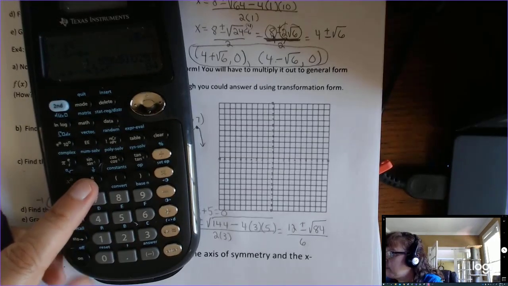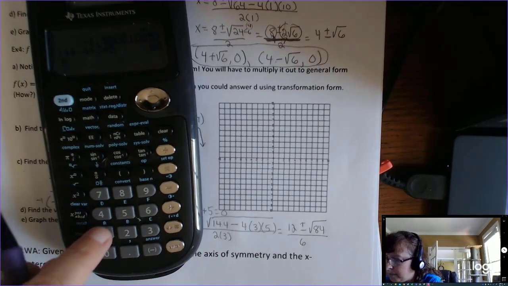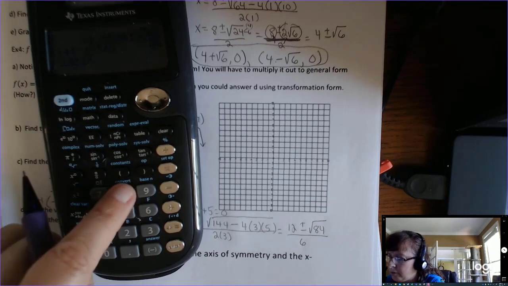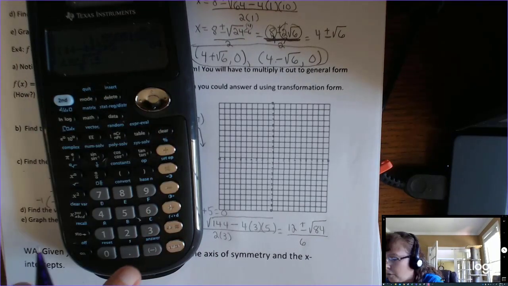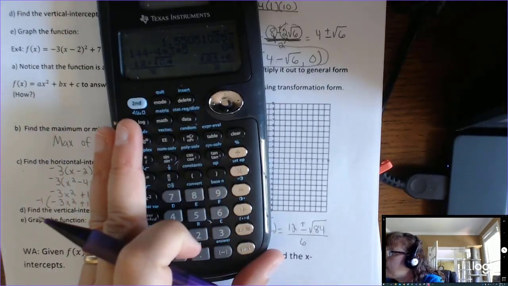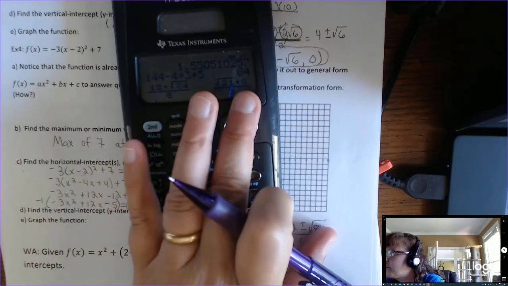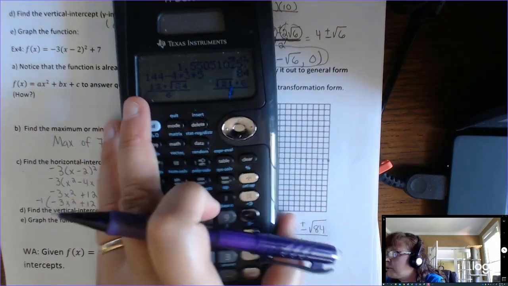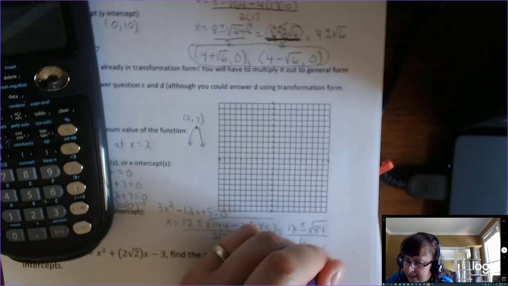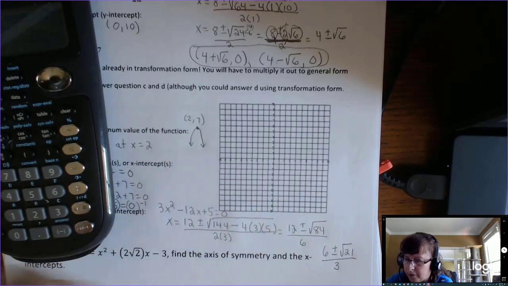Remember, you hit this little sideways division key and just type in 12 plus the square root of 84 over 6, and it reduces it for you. That reduces to, put the real part first, 6 plus square root of 21 over 3. So this is 6 plus or minus square root of 21 all over 3.